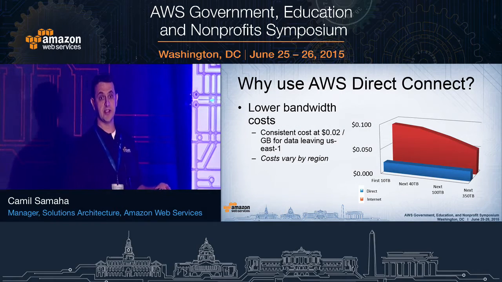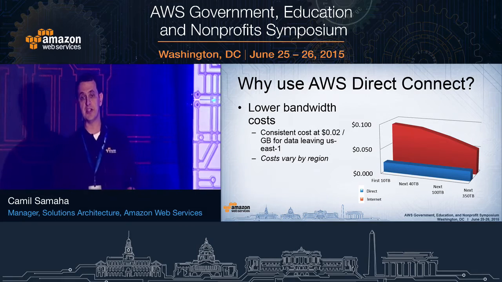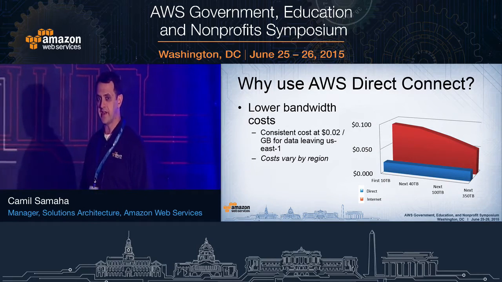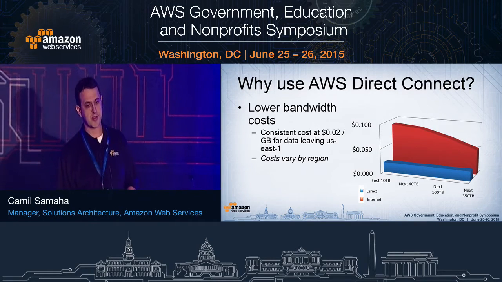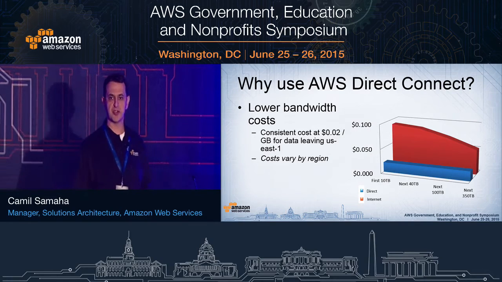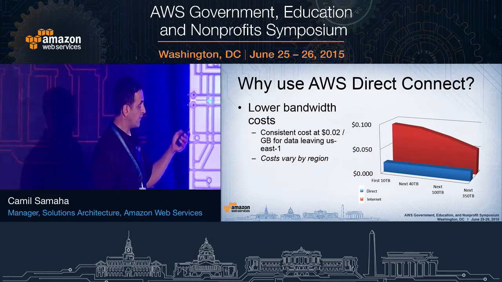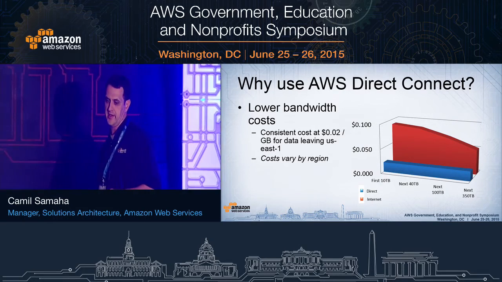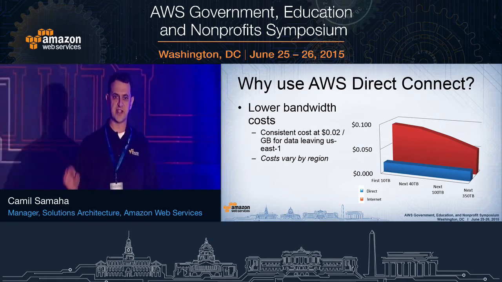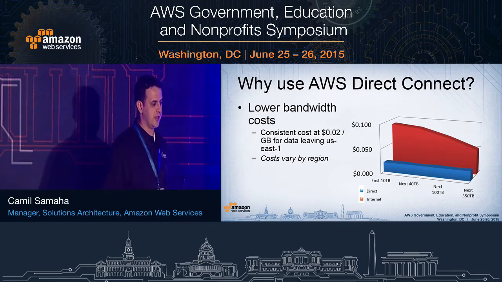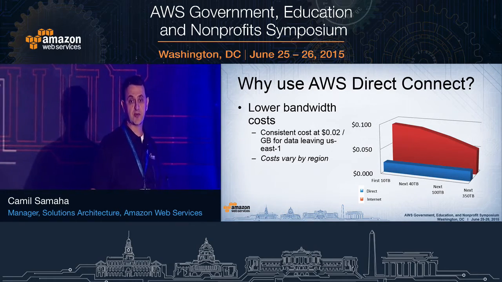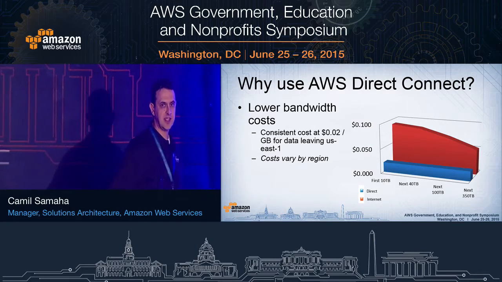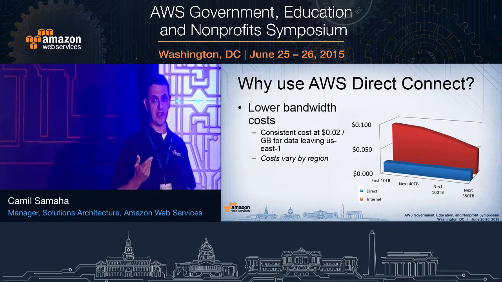Another one is a great opportunity for saving costs from a bandwidth utilization perspective. If you look at the red graph that represents your typical charges in the US East region, where you start at outgoing traffic from AWS.